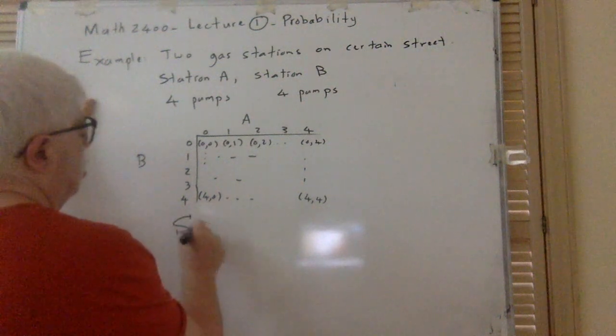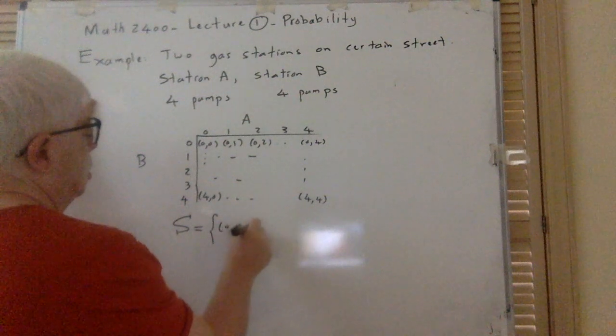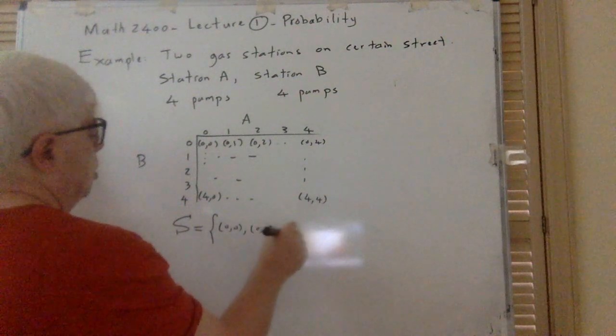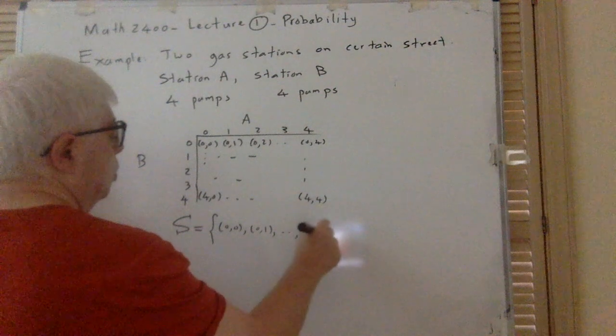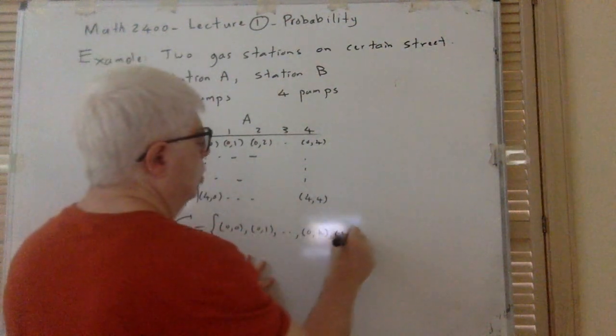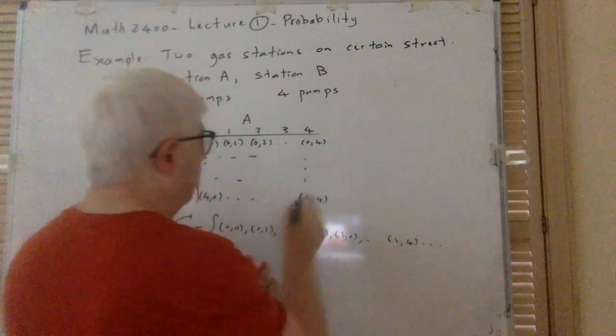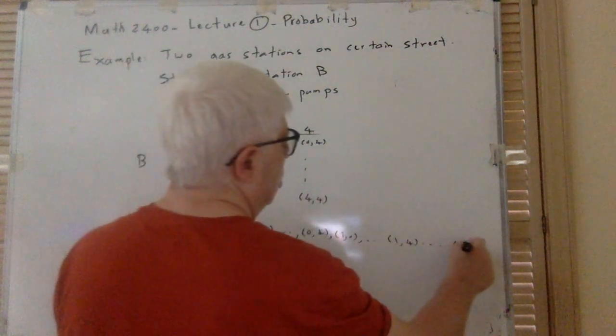So the sample space is 0, 0, 0, 1, up to 0, 4, then 1, 0, up to 1, 4, and up to the last one, 4, 4.